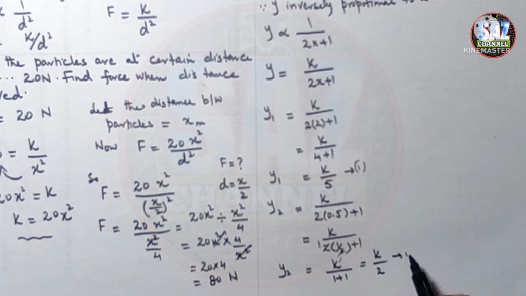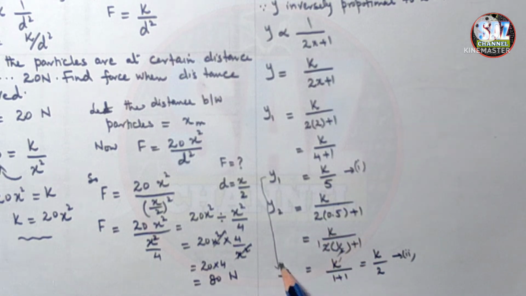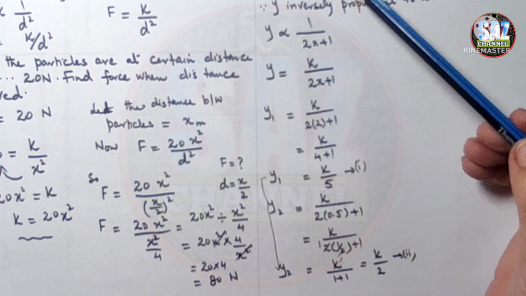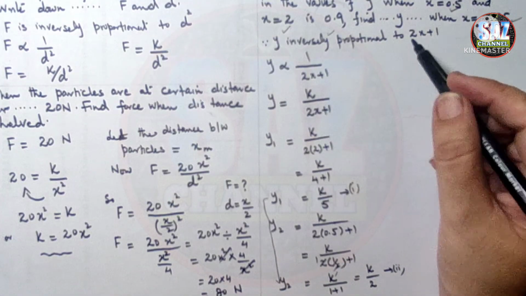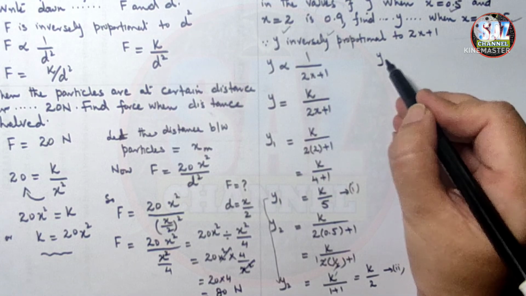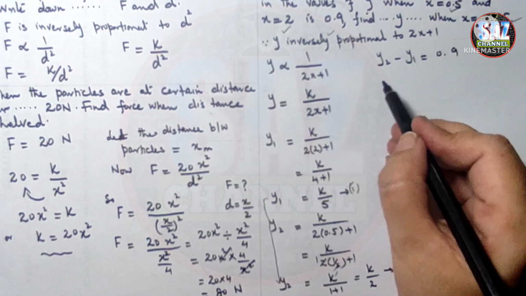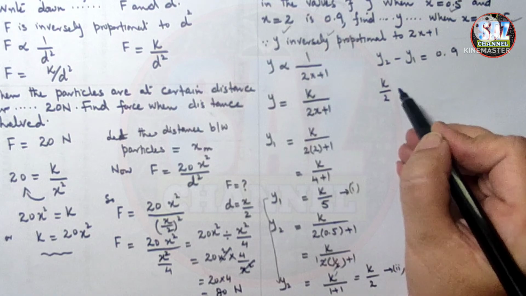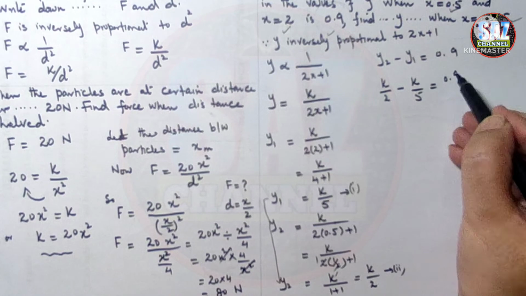Now, the difference between the values of y: I have to take the difference between y1 and y2, and that difference has to be equated to 0.9. So y2 minus y1 will be equal to 0.9. y2 is k by 2 minus k by 5 equals 0.9.